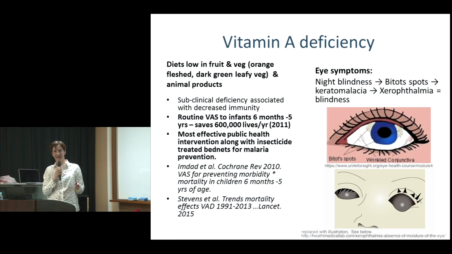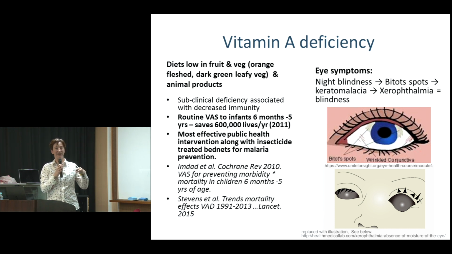So that study of Alfred Sommer then led on to intervention studies, and in the interest of speed, I haven't shown you all those studies which were being conducted giving supplementation.